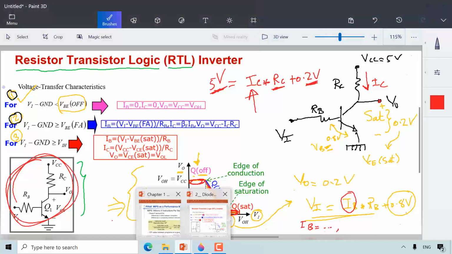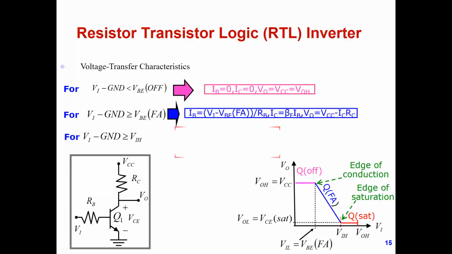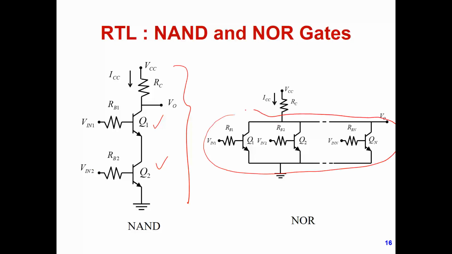Now let's go back to our slides, and what we can do here is extrapolate the inverter and build other circuits. I can build a NAND gate by stacking two transistors as such, and I can build a NOR gate by connecting those transistors in parallel. In the stack, we will connect the output to a low value if both inputs are high.